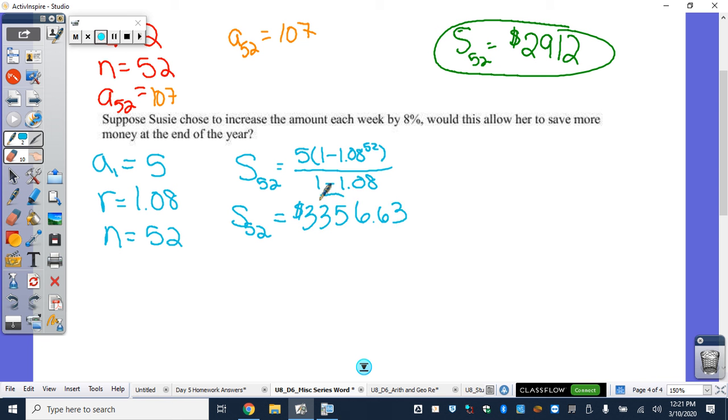Should get 3356.63. So would this allow her to save more money at the end of the year? Yes. You gotta make sure you actually write that word yes, because that actually answers the question. So that is of importance there.